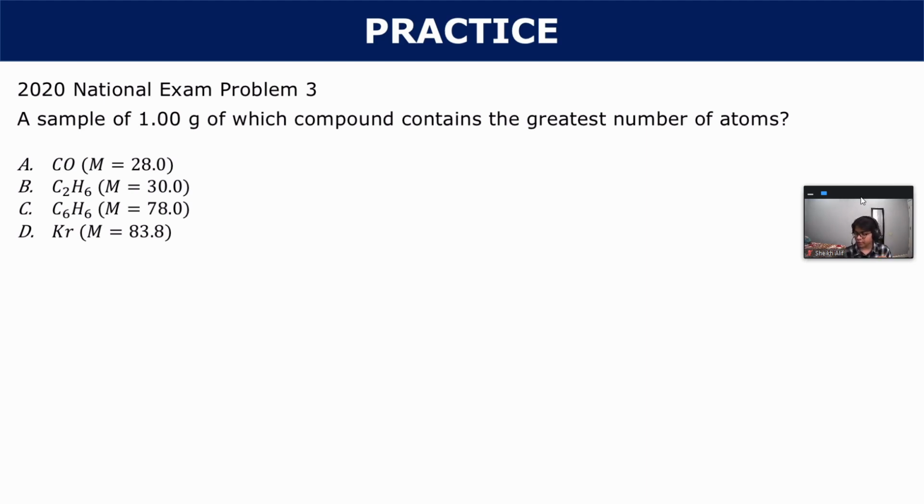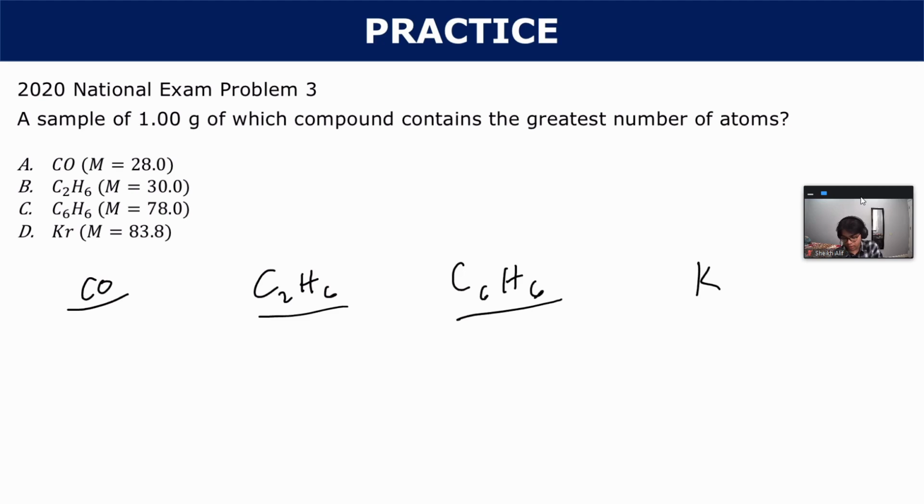A sample of 1 gram of which compound contains the greatest number of atoms? So let's go through and calculate the number of atoms for each one of these compounds. So CO, C2H6, C6H6, and Kr.